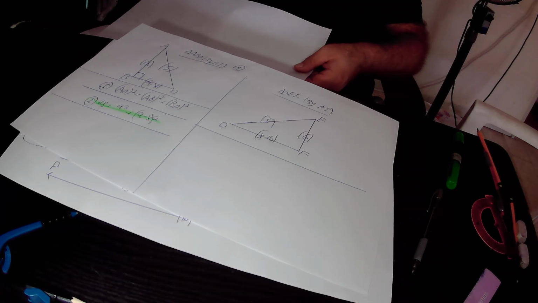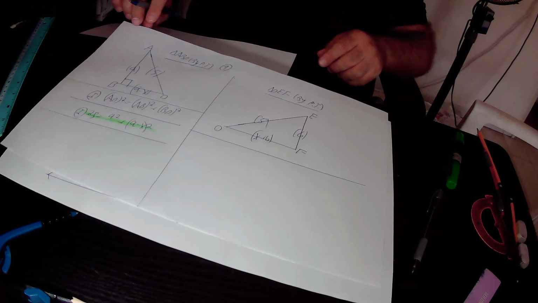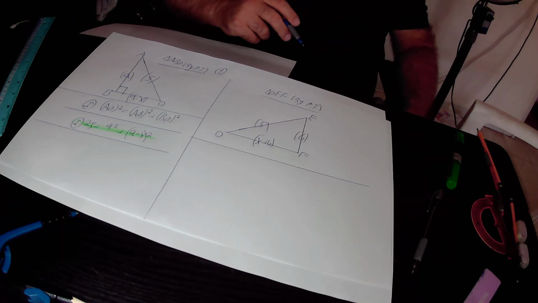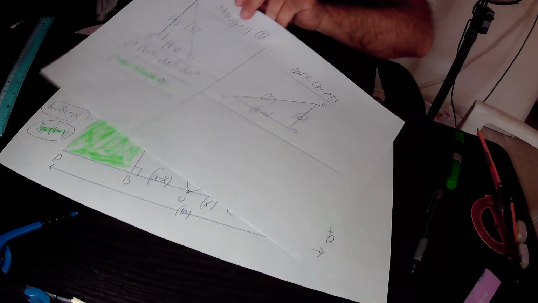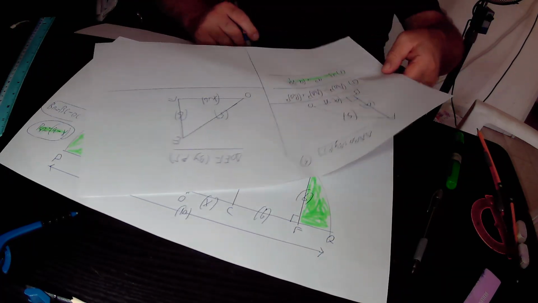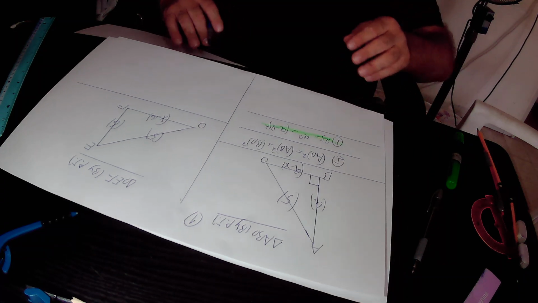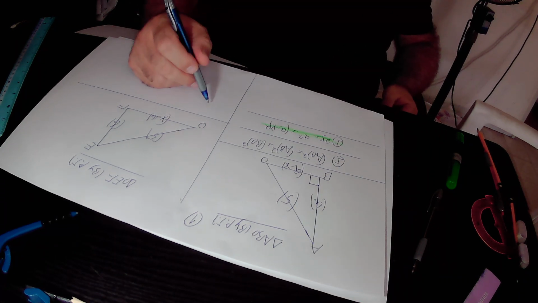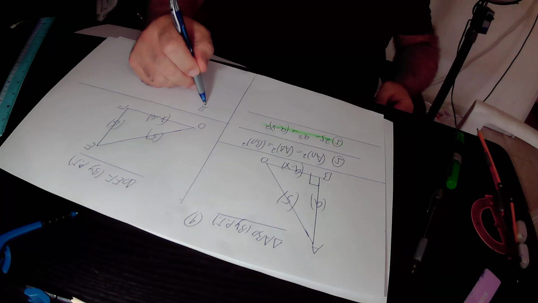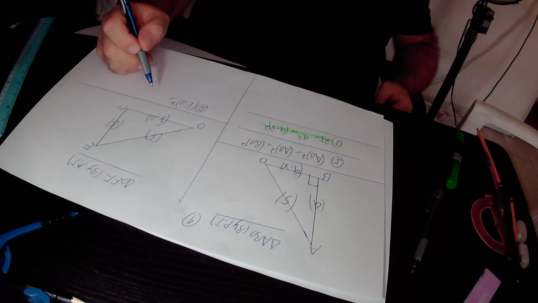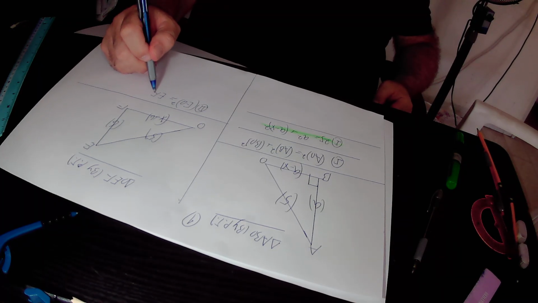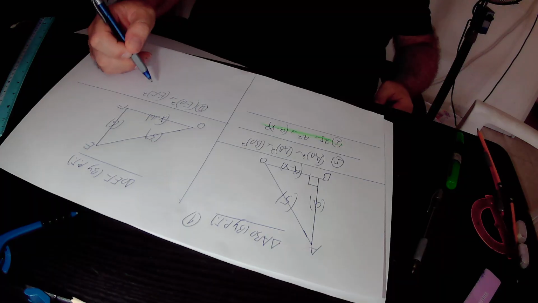According to the Pythagoras theorem, in this right triangle OEF, EO squared, that is the square of the hypotenuse, equals EF squared plus FO squared. So EO squared is equal to EF squared plus OF squared.